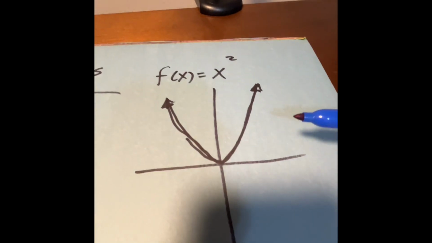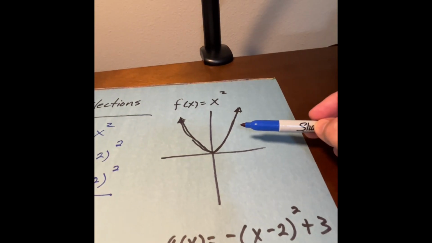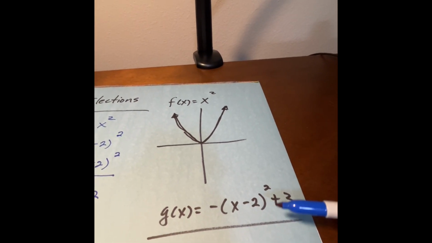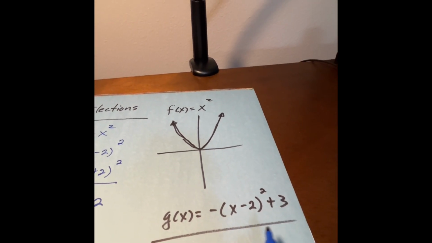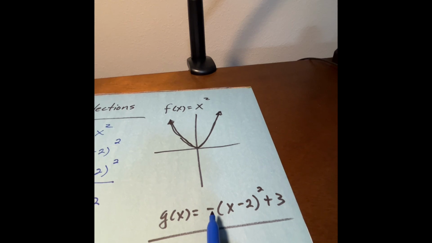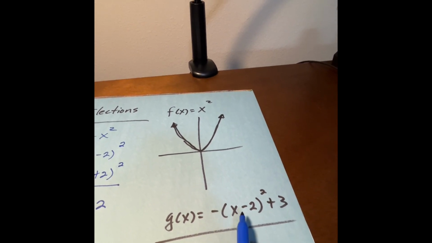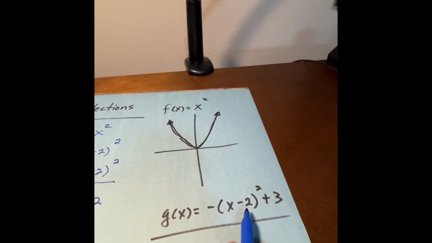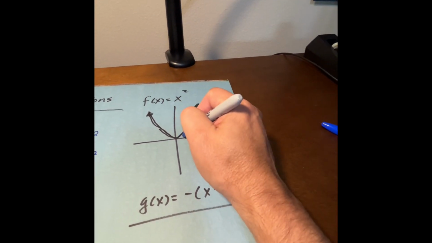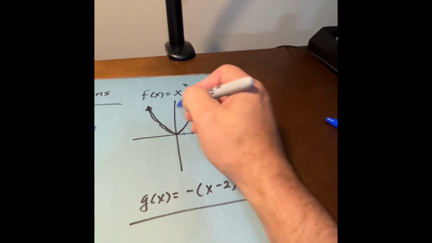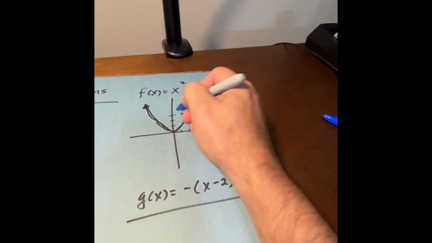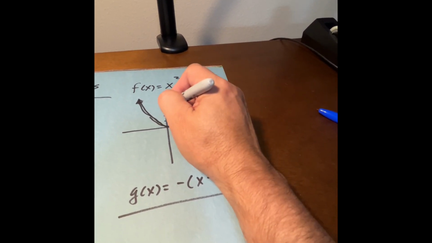So consider this. Here it is again. F of x equals x squared, but now let's do this one. There are several things going on here. Number one, it's reflected over the x-axis, so it's going to be going in the opposite direction. It's shifted to the right 2 and up 3. So let's do that first. To the right 2 and up 3 means it's going to start there.